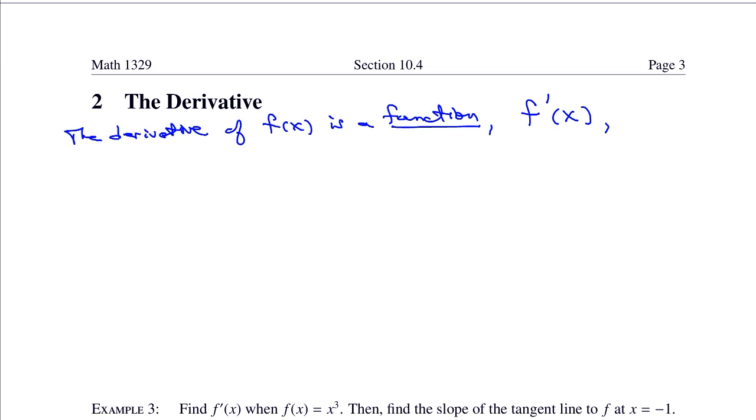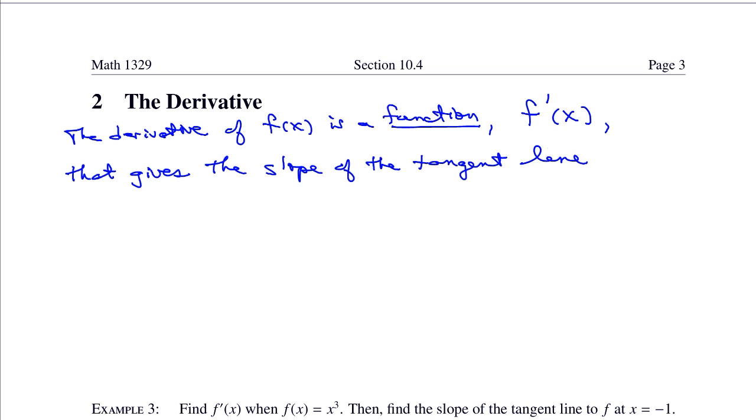So that little apostrophe, we read that as prime, f prime of x. That gives the slope of the tangent line to f at x.